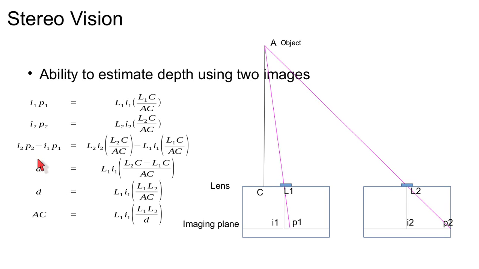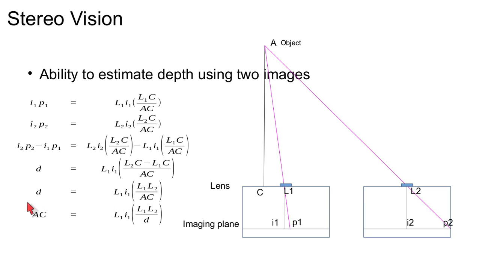The disparity, or the difference between the positions of the image of this object, can be expressed as I2 P2 minus I1 P1, which is further obtained as L1 I1 into L2C minus L1C divided by AC, and this L2C minus L1C becomes L1 L2, and therefore you get disparity equal to L1 I1 into L1 L2 divided by AC.